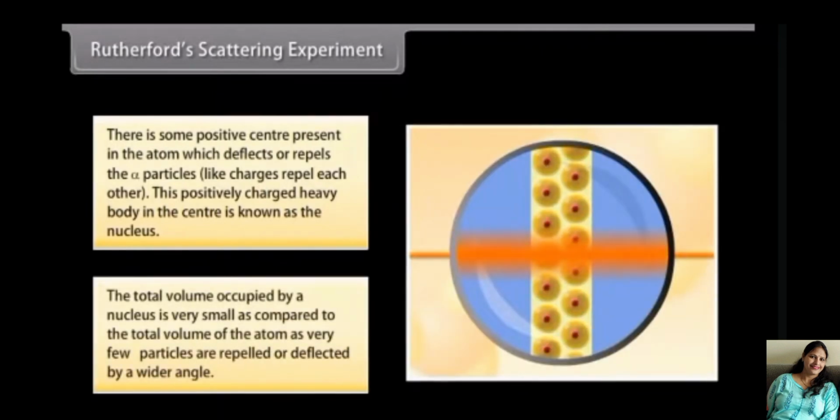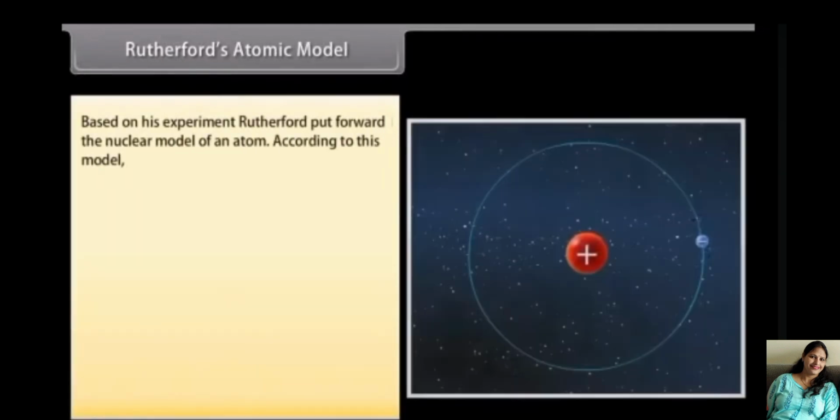The total volume occupied by the nucleus is very small as compared to the total volume of the atom, as very few particles are repelled or deflected by a wider angle. So this is Rutherford's scattering experiment. It has some drawbacks that we will learn later.